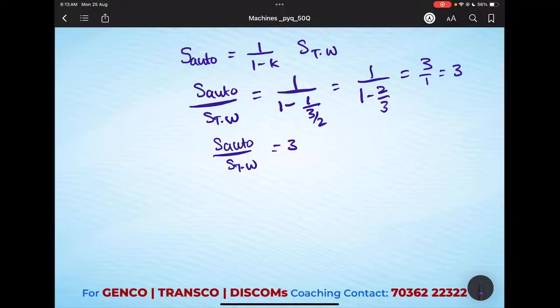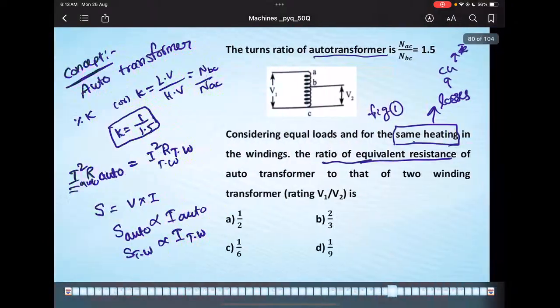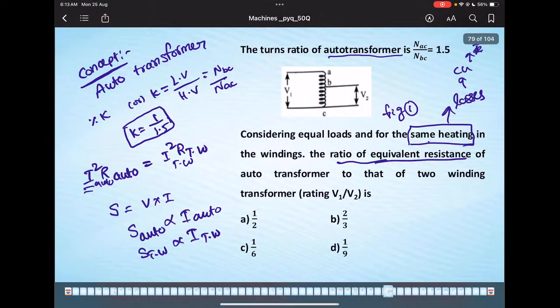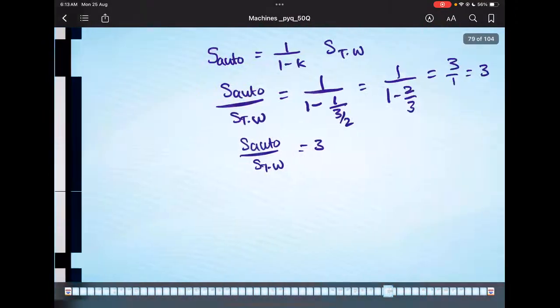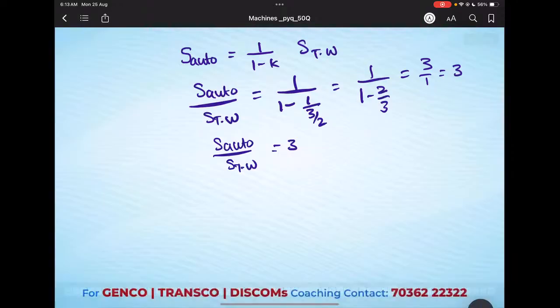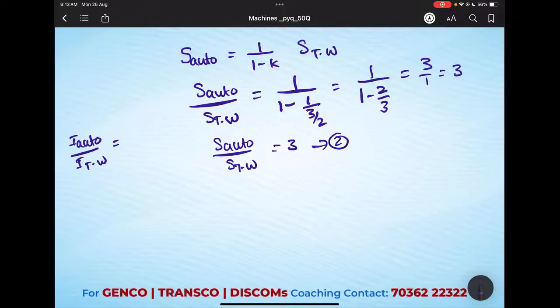Okay, let's take this as equation 1. That means S auto is directly proportional to the I auto current. Let's take it as equation 1 and the other as equation 2. From 1 and 2, you can write I auto divided by I two-winding is equal to 3.